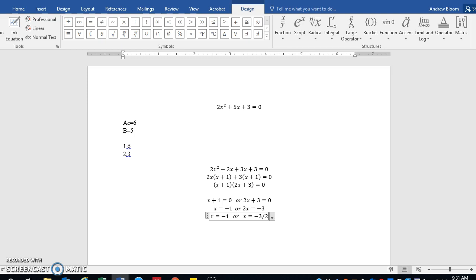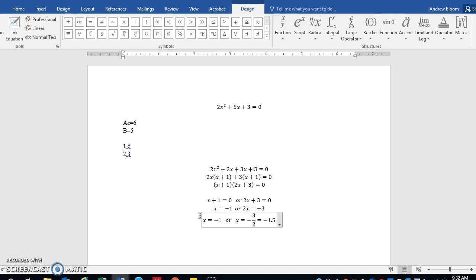We end up with x is equal to negative 1, or x is equal to negative 3 over 2. You could rewrite negative 3 over 2 as negative 1.5. That would also be okay. It doesn't matter how you write the final answer. But we have two different answers that work.